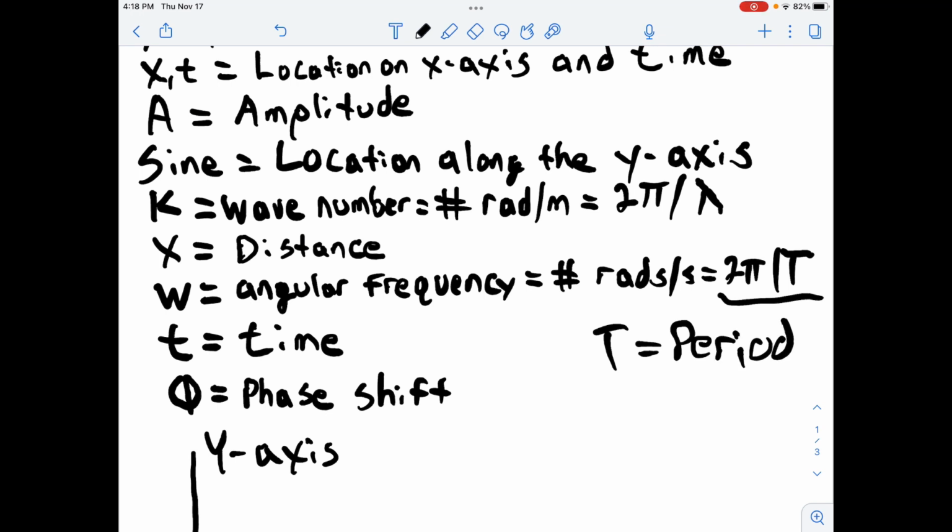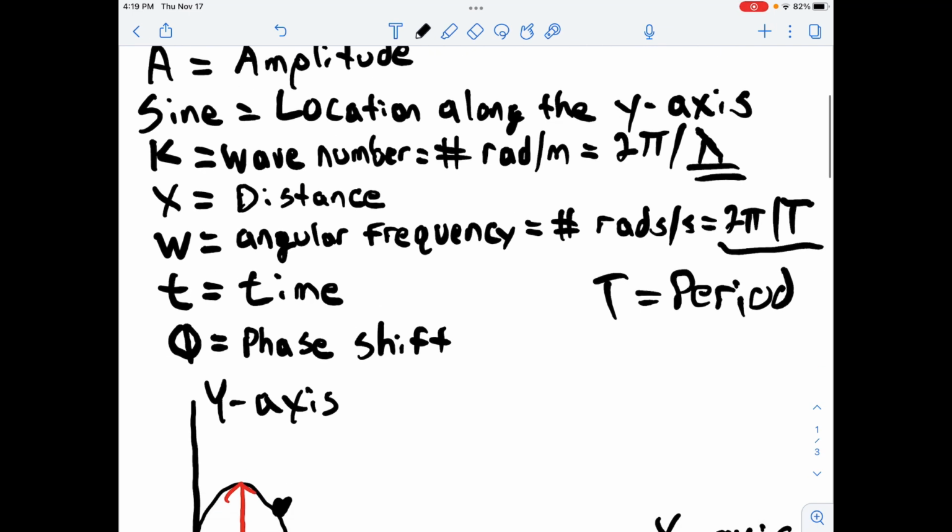So if you have period, you have your 2 pi, you can find your angular frequency. Likewise, 2 pi over lambda here. Lambda represents your wavelength. So if you're trying to find k, you can do 2 pi over wavelength. That will give you your wave number.